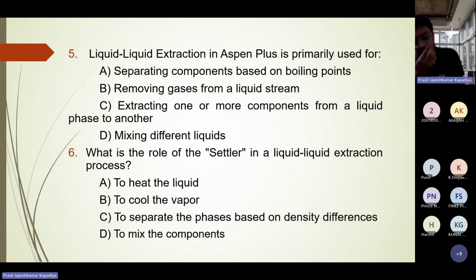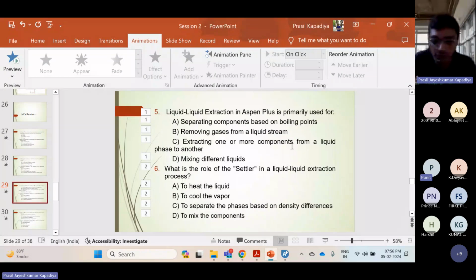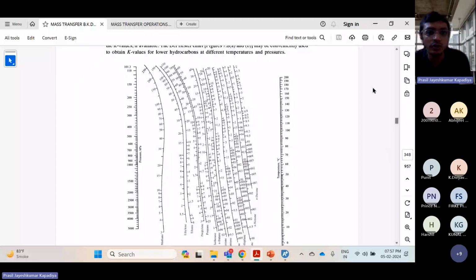Okay, you guys know what is mixer settler? Separation based on density. Wait, I'll show that to you.